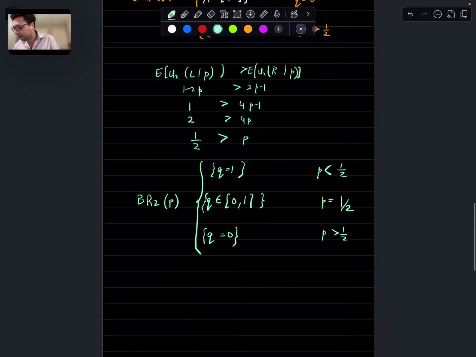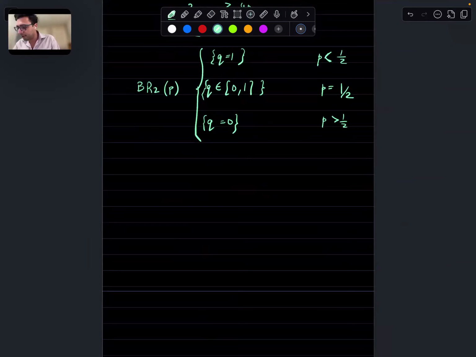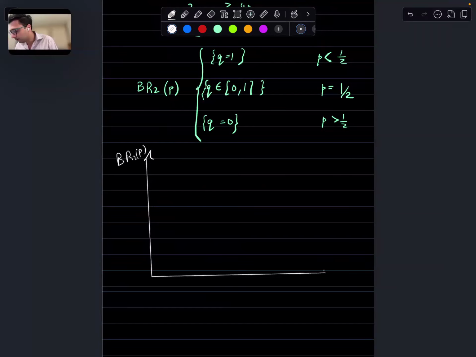Okay, so let's make a graph, and let's start with BR2 versus P. This is going to be between 0 and 1, 0 and 1, and something's probably going to happen at 0.5, because that's where the switches seem to be happening.